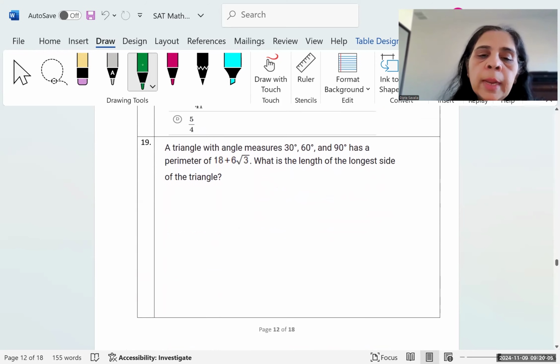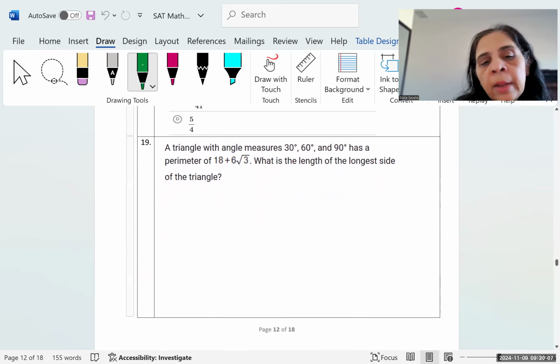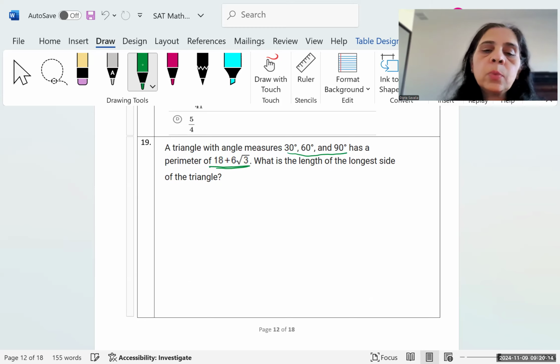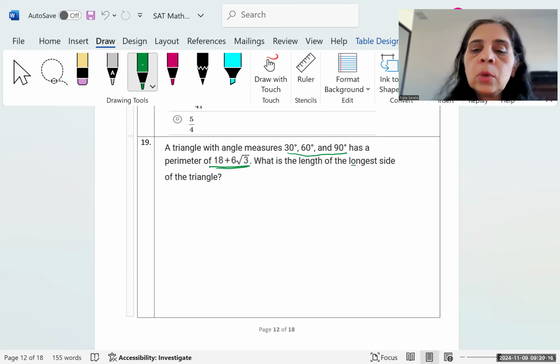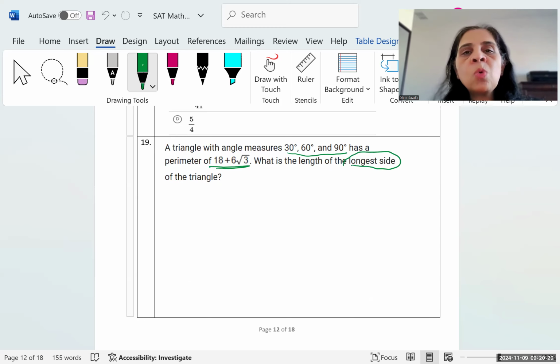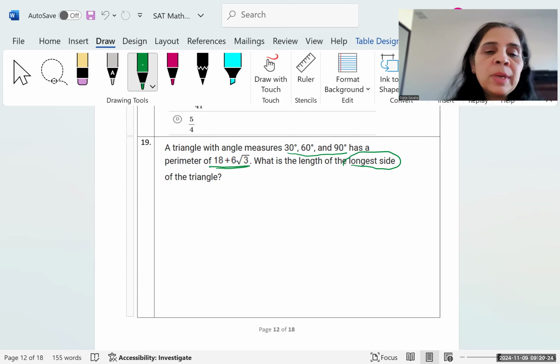All right, number 19. A triangle with angle measures 30, 60, 90 has a perimeter of 18 plus 6 square root 3. What is the length of the longest side? So understand all these terms and conditions, what we are looking for in the triangle.